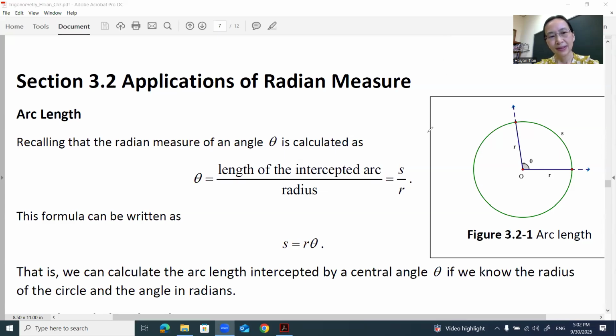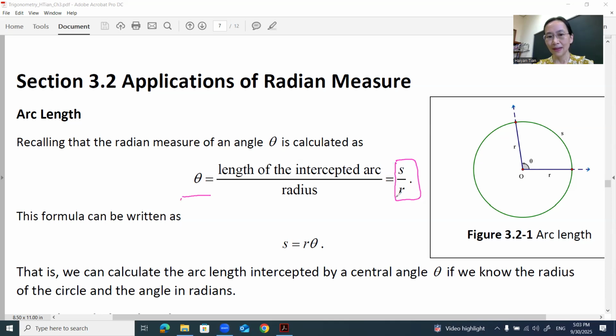Now we look at applications of radian measure. The first application is from the definition of the radian measure for theta. We can get some equivalent forms. For example, theta, according to definition, is this ratio, right?